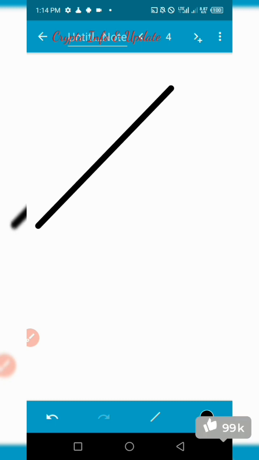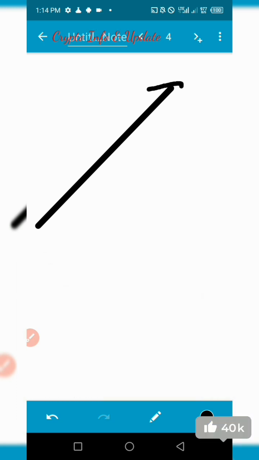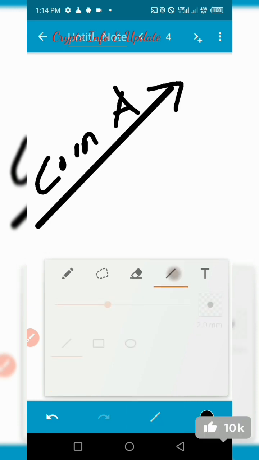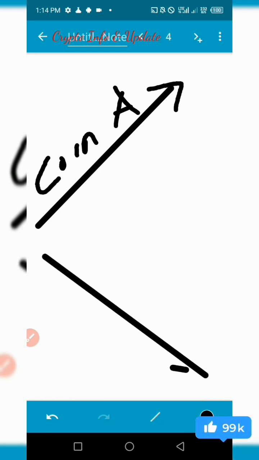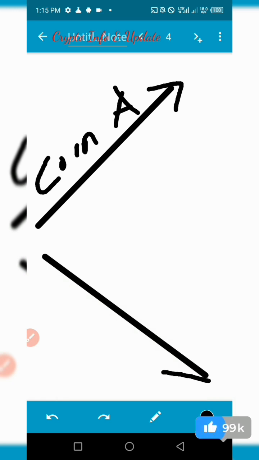So this is another scenario where coin A is making an uptrend move, while coin B is making a downtrend move.